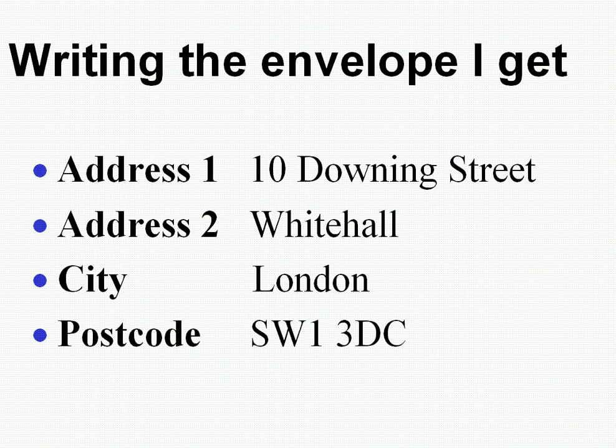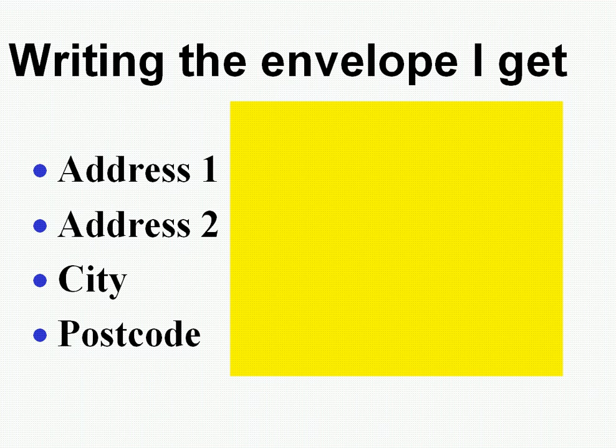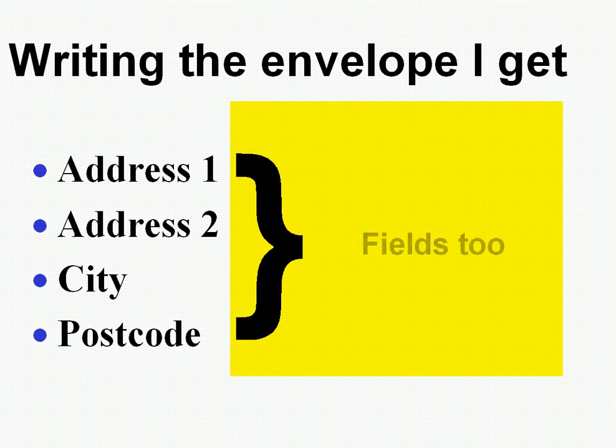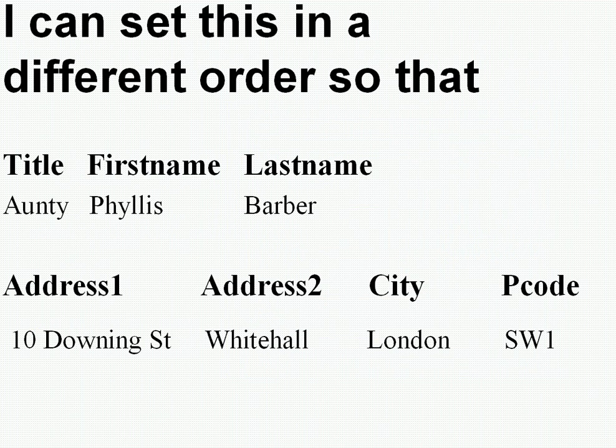Writing the envelope, I get address 1, 10 Downing Street, address 2, Whitehall, city, London, and postcode. Now if we look at this again, these are fields. I could set it out in a different order so that title, first name, last name, address 1, address 2, city, postcode, all of those are fields.